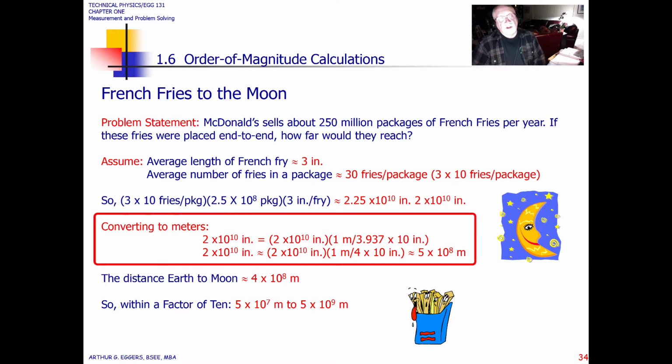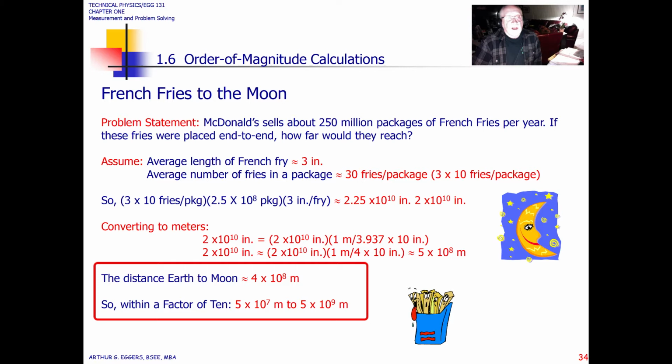So if we wanted to do an approximation on that, we would say, okay, well, 3.937 is approximately 4 times 10 inches for that same 2 times 10 to the 10th, and we would have approximately 5 times 10 to the 8th meters in length for all of those French fries.